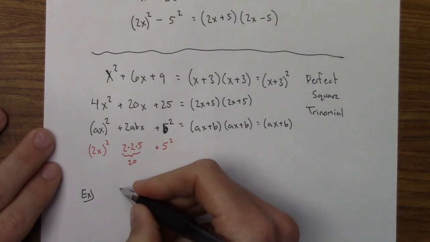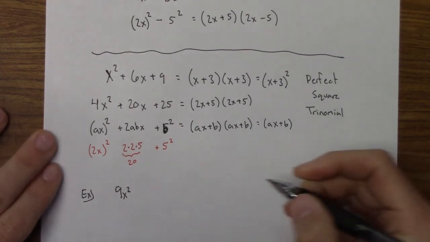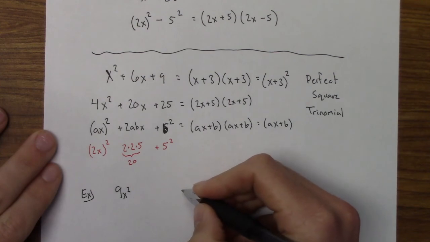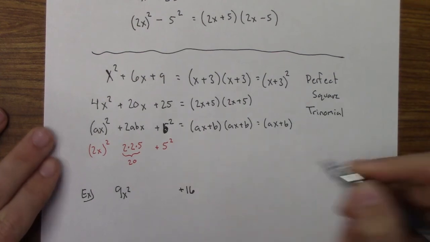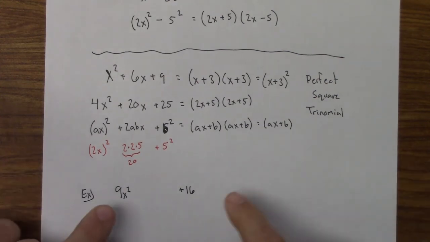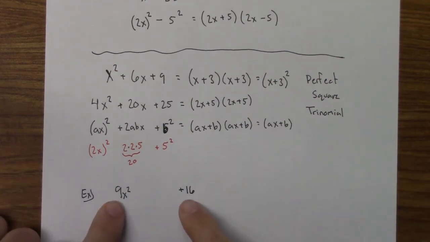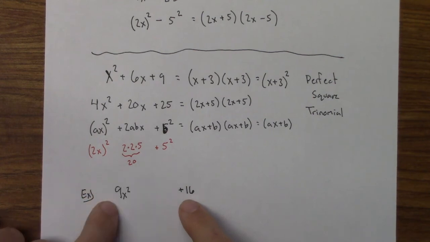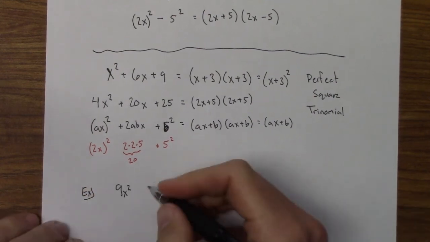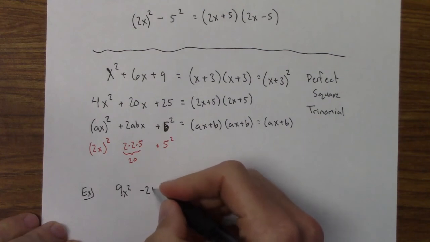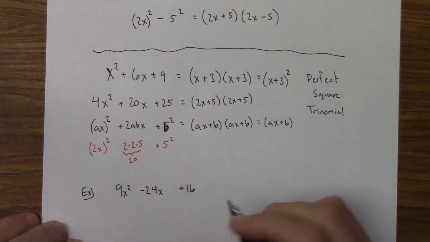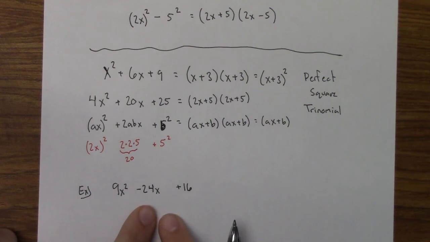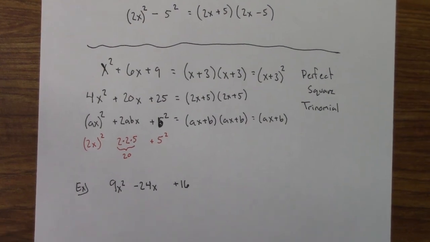Let's go 9x squared, and let's throw on a plus 16, and let me think. Let's go negative 24x. So I'm throwing in the extra layer of putting that negative sign in there as well.